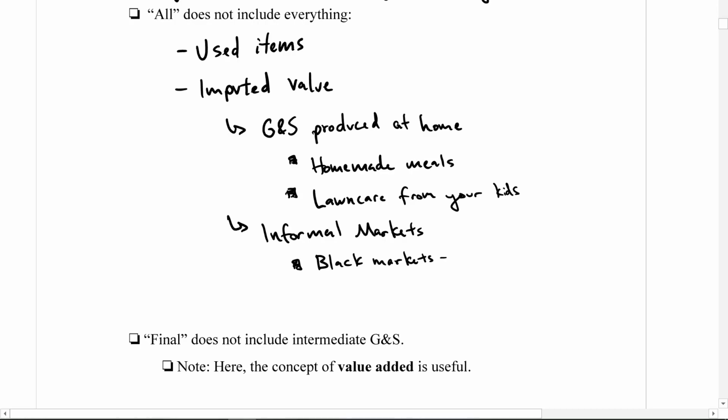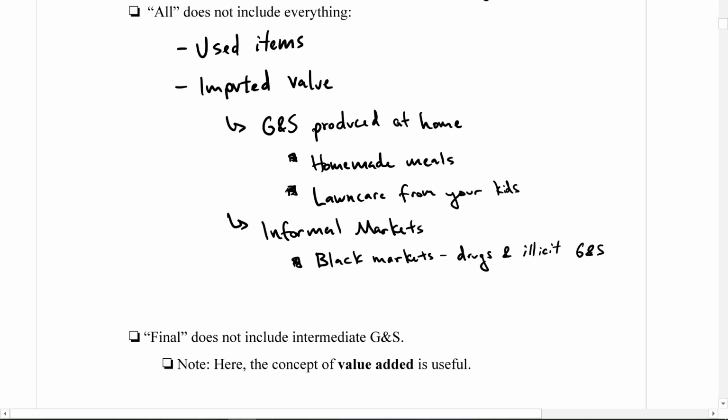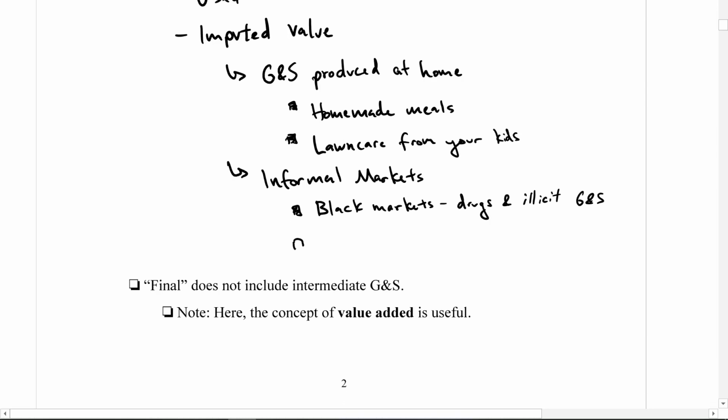These are things like drugs and illicit, let's say, goods and services. If it's not being traded within the formal economy, it's not going to be included in normal GDP. And then we can just say informal markets, things like street markets.